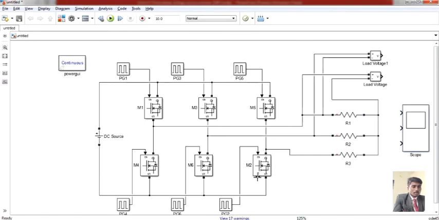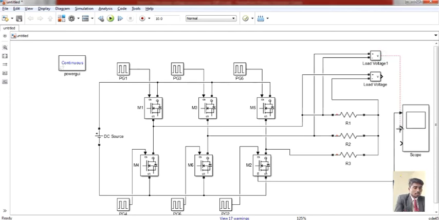Now we need to apply the values on the second gate pulse. Now we will trigger gate pulse 2 with a 60 degree angle.